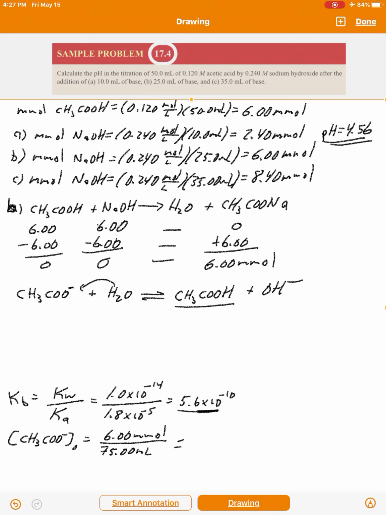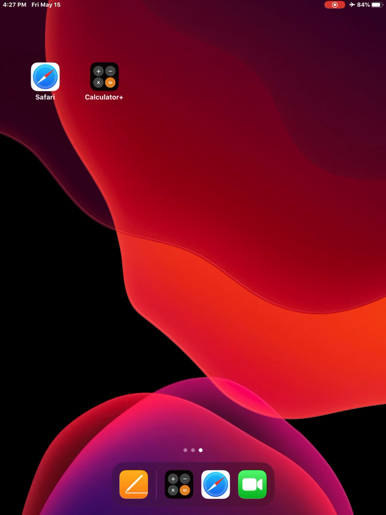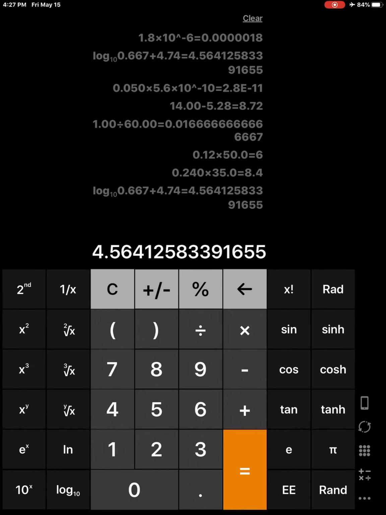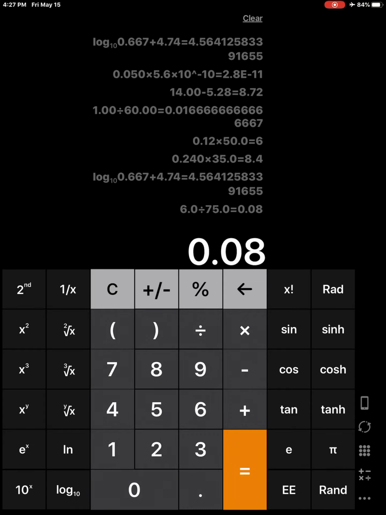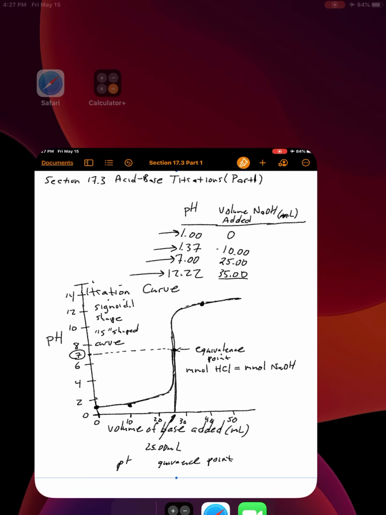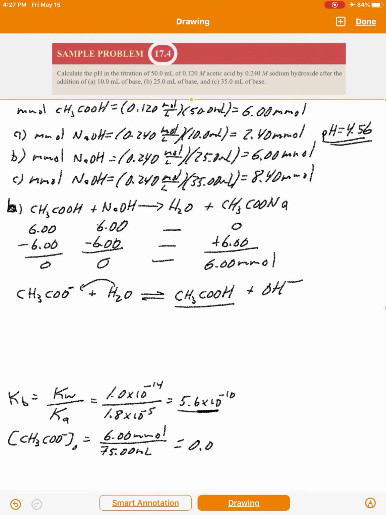So 6 millimoles over 75 milliliters. 0.08 molar. So there's our initial concentration of the base.